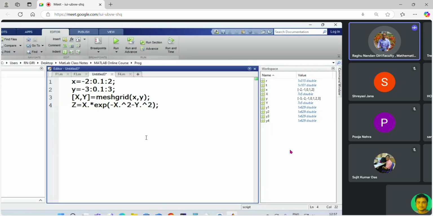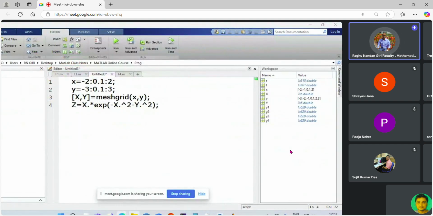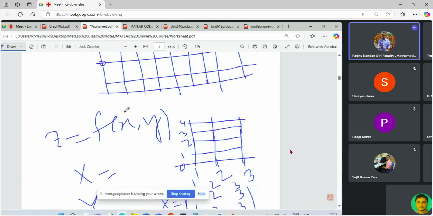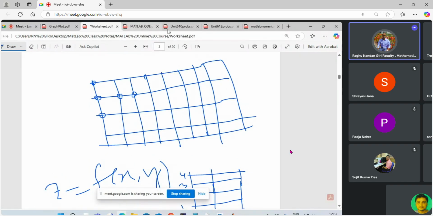Then for each corner point of the grid, we have to get the function value z. Then z is a matrix.